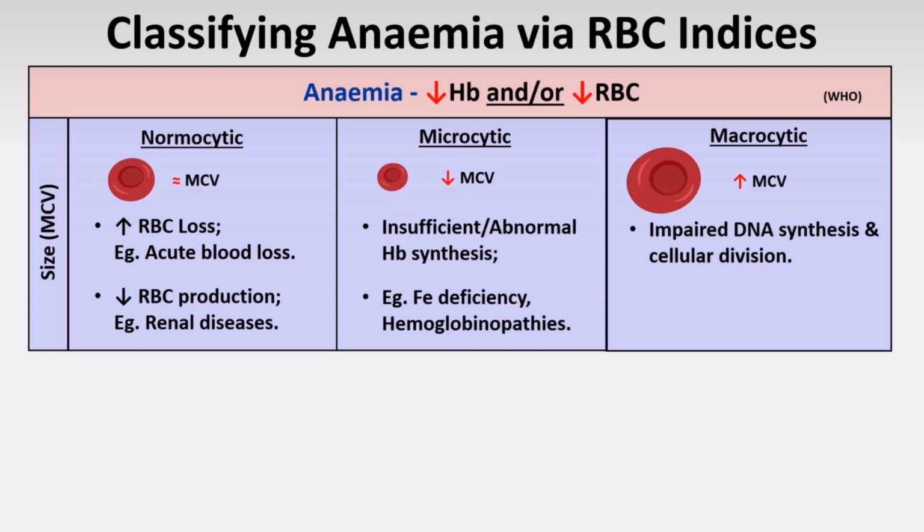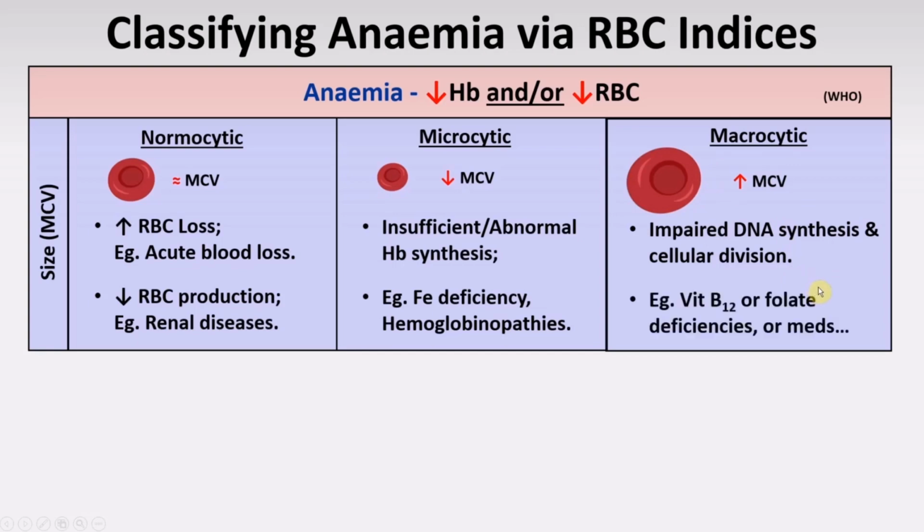But if DNA synthesis is hampered, the cells will only grow in size, with more and more organelles, but they can't actually duplicate, they can't divide. So what this means is that there will be very large cells being produced, and they can't divide into a lot of red blood cells. As a result, very big red blood cells are being released into the circulation, and that is when macrocytosis happens, macrocytic anemia happens.